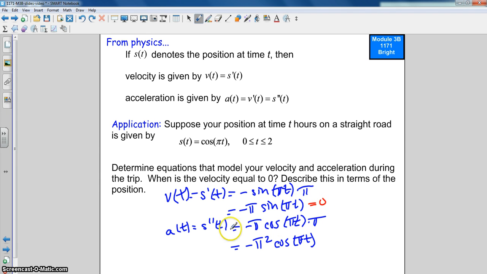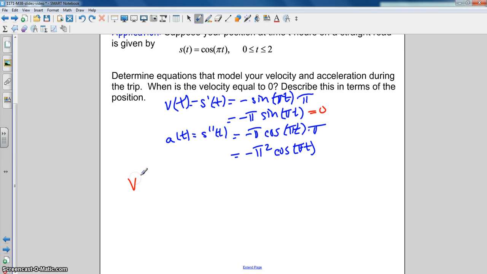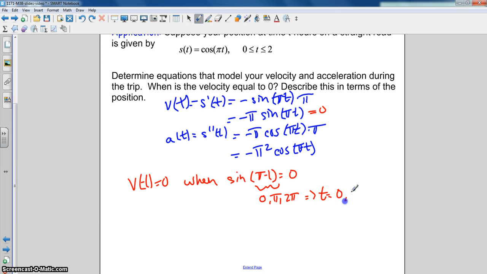So velocity equals 0 when sine of pi t is equal to 0. And we know that this has to be 0, pi, and 2 pi. So essentially this is saying when t is 0, 1, or 2. Okay?